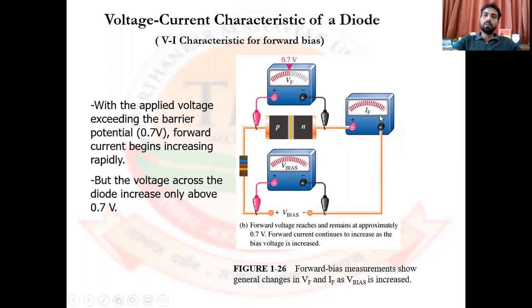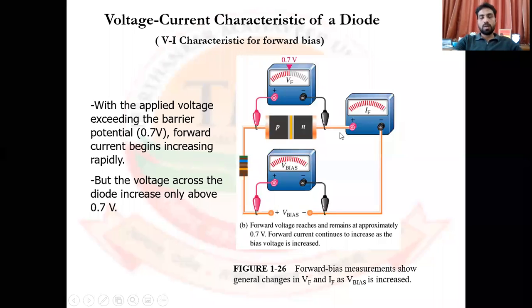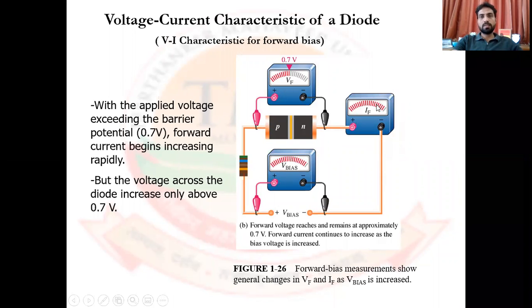If you see here, we have one ammeter, and this ammeter is marked with IF. This IF indicates the forward bias current. Under the forward bias situation, this shows you the IF, and for the reverse bias situation, it shows the reverse bias current.